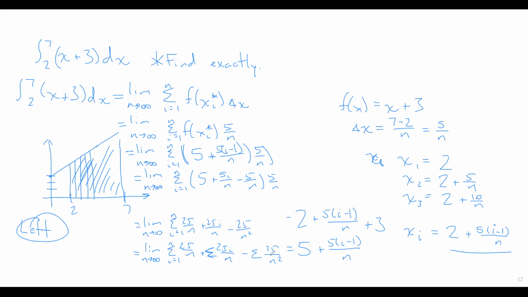So what's that all add up to? It's 25 over n times n, right? It's just 25. How about the one on the far right? I have 25 over n squared times n. And that comes out to 25 over n.